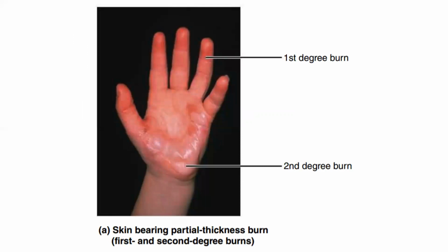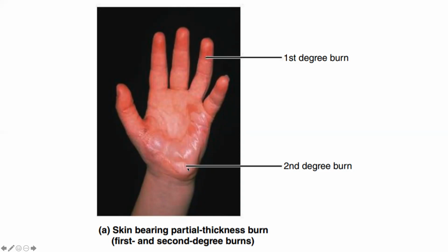So this is the photograph of a hand. As you can see here, in the fingers, you can see the red area, which is called erythema. And on the palm of the hand, you can see the blisters or bullae.